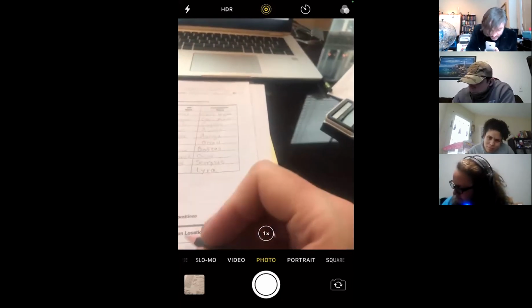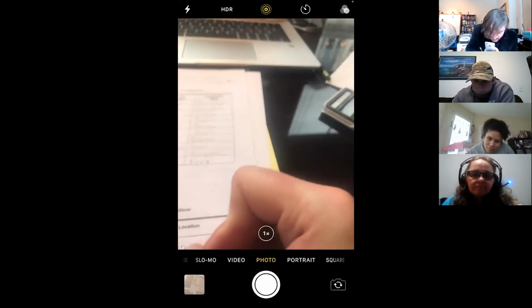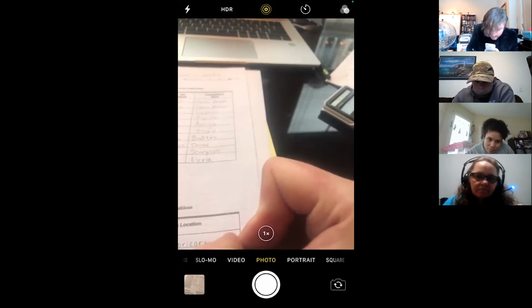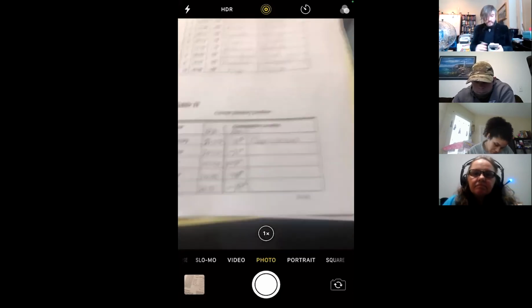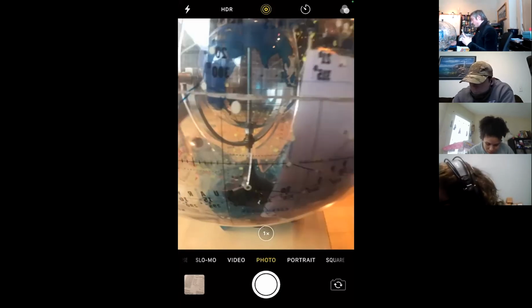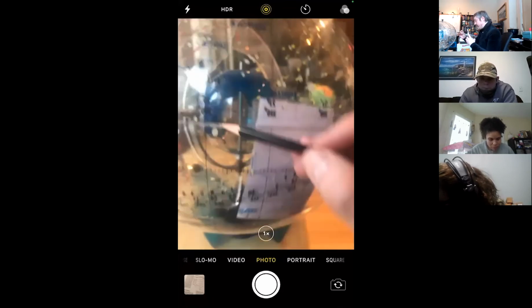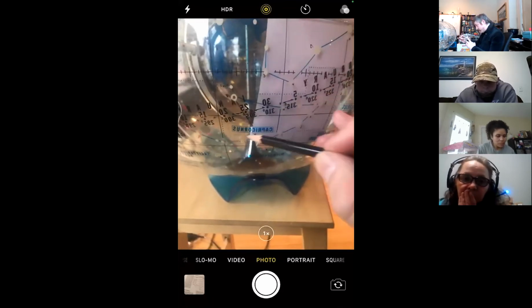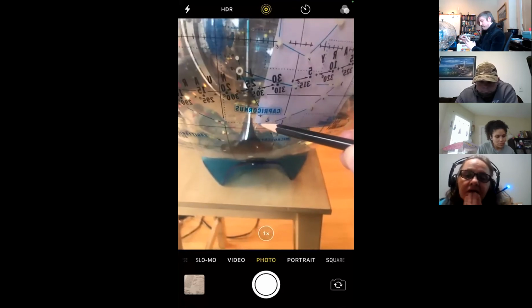I guess it looks like Copernicus. Venus is 20 hours 10 minutes, minus 21. So here's 20 hours 10 minutes and minus 10, minus 21. It's also in Capricornus.